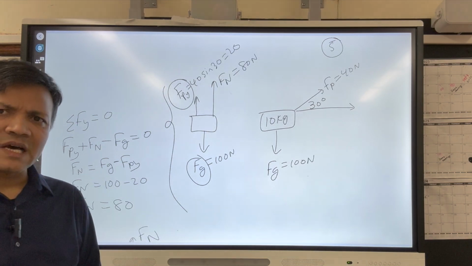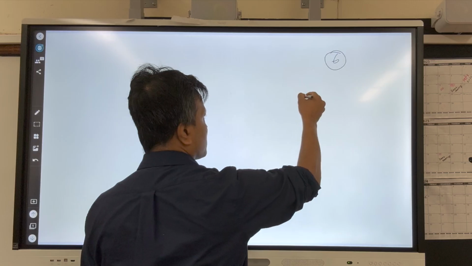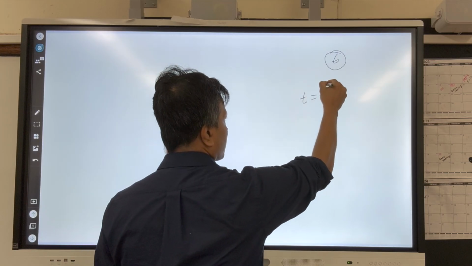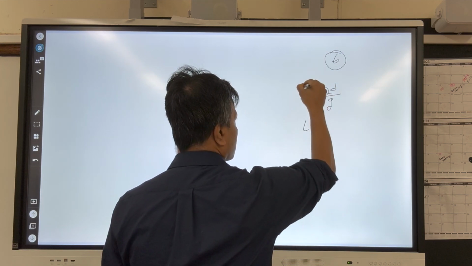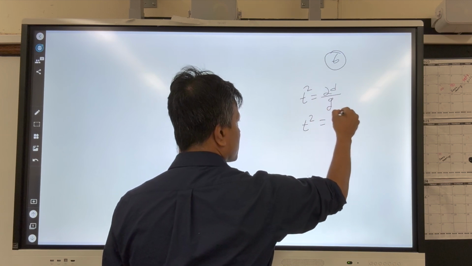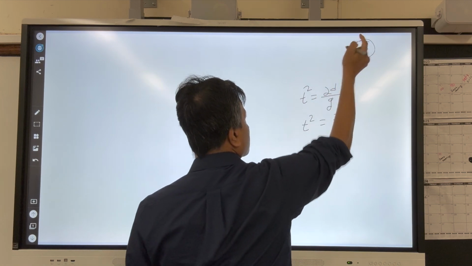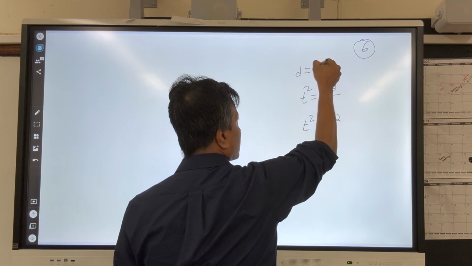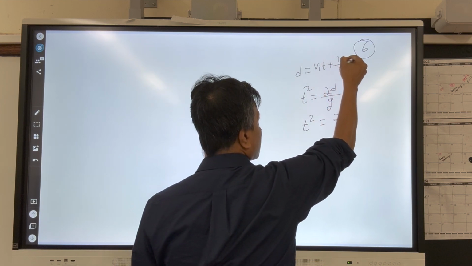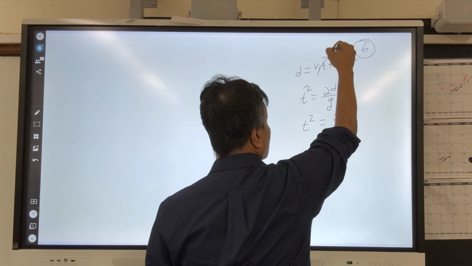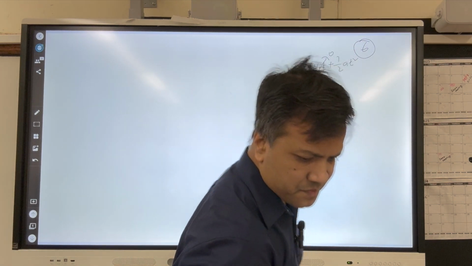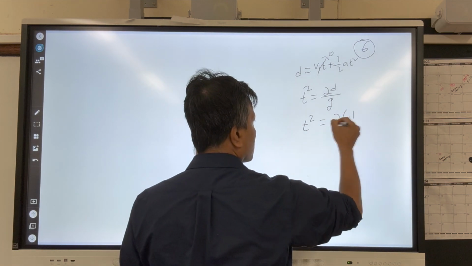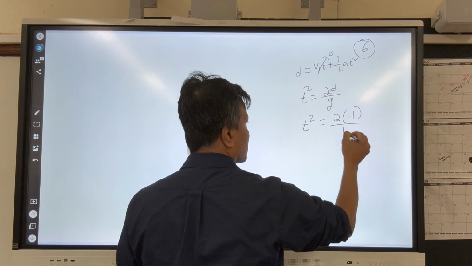Okay, now we're going to do the last problem. So to find the T, you're going to have to do 2D over G. So don't forget T squared. T squared is 2. Where does it come from? This comes from D is equal to VIT plus half AT squared. This one is 0. So 2, what is the D? D is 0.1. Okay, this is 10.